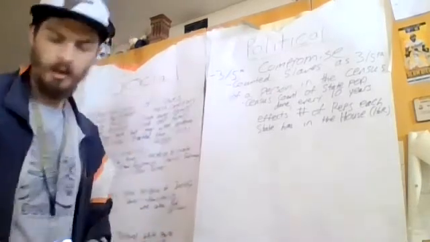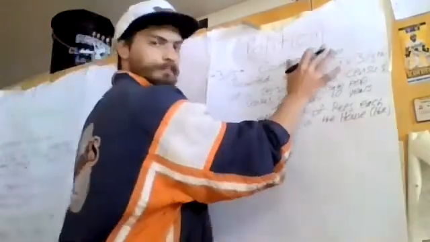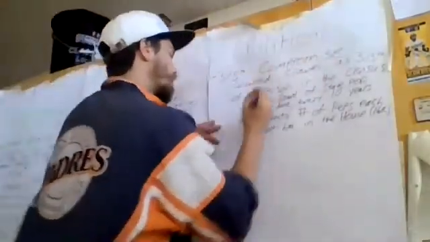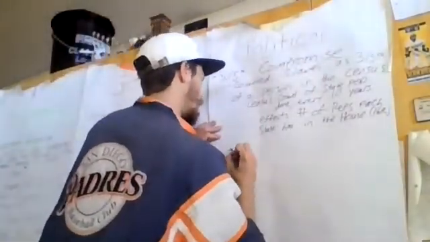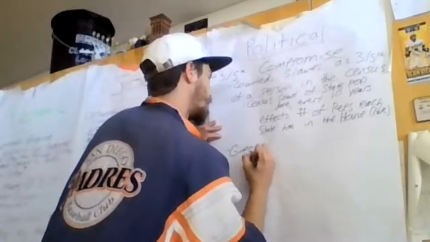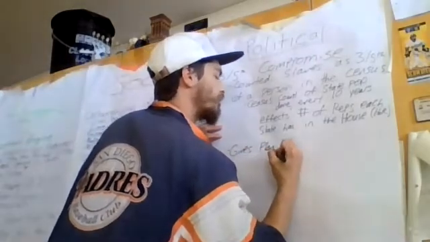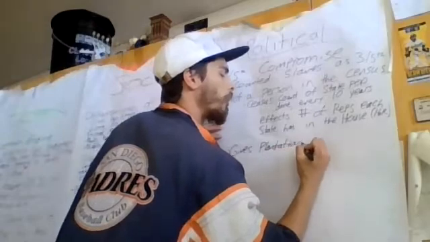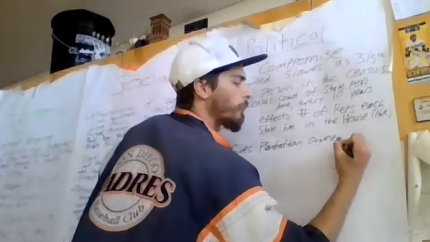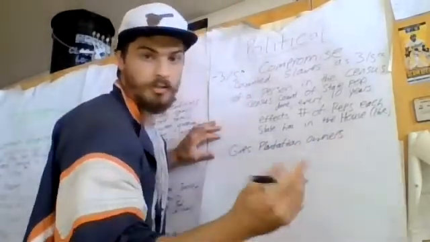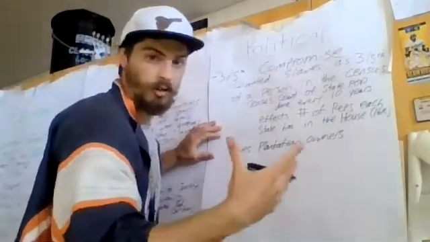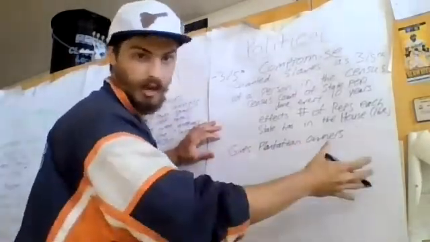Actually, no, I'm just going to keep going. So what ends up happening is the 3/5 compromise gives plantation owners, because realistically, they're the ones calling all the shots. They're the ones helping get people that they want elected.